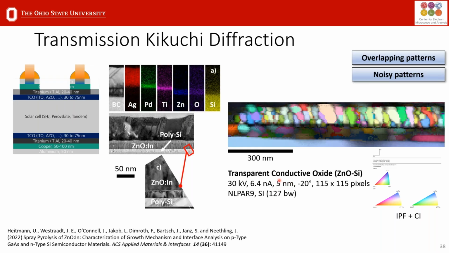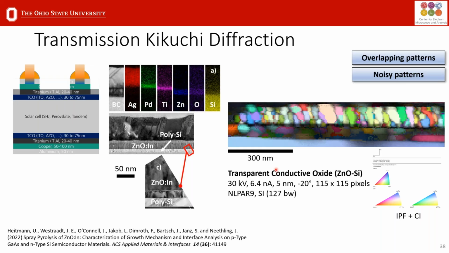So if you perform NPAR, you're going to blur out the information, and it's going to be difficult to resolve these very small crystallites. In this case, we have very noisy patterns and a very small step size, so we use this non-local pattern averaging, and that will only average the patterns if they're similar to that particular pixel.